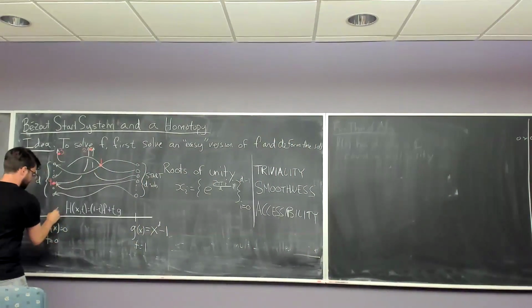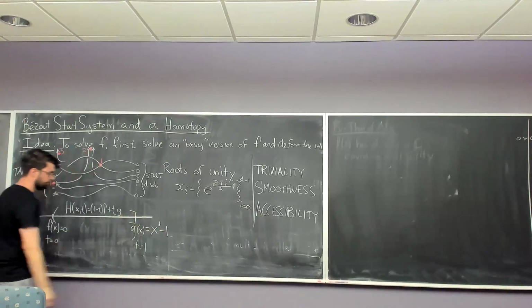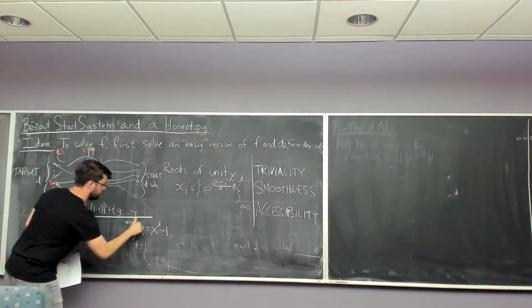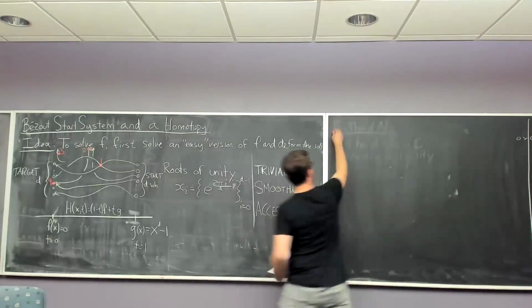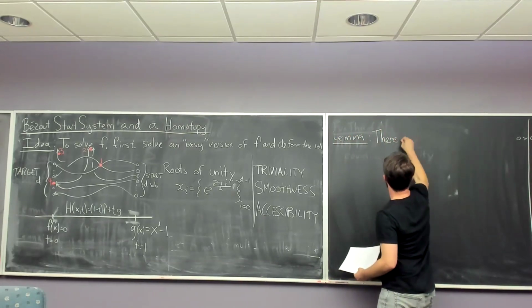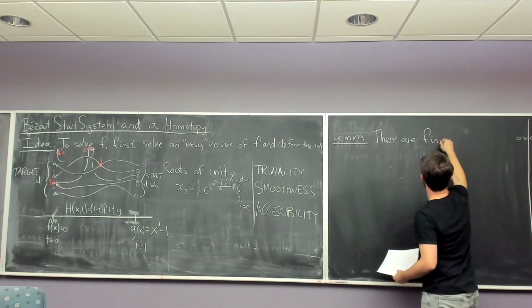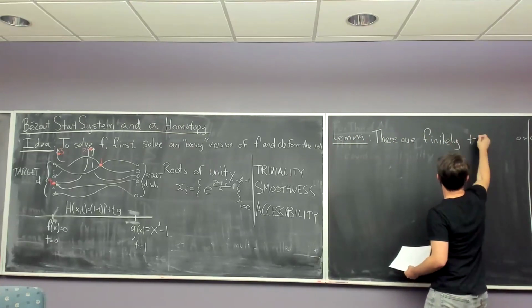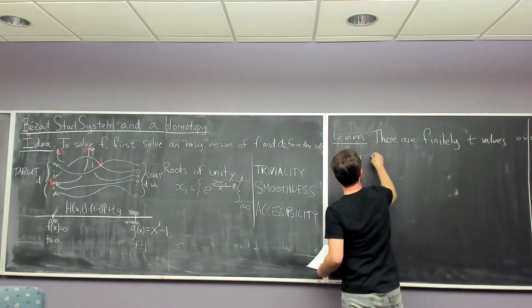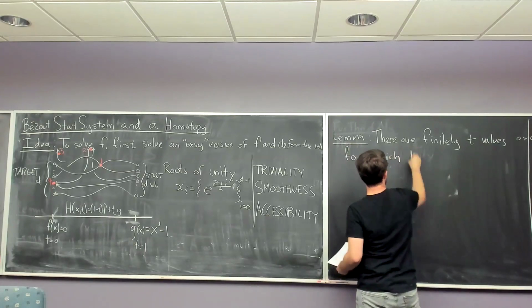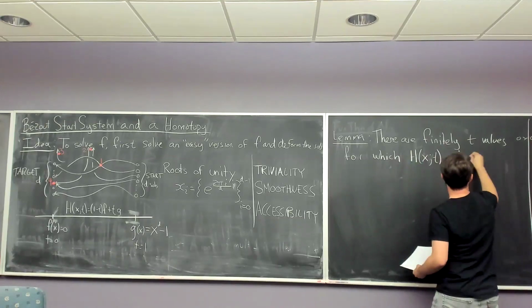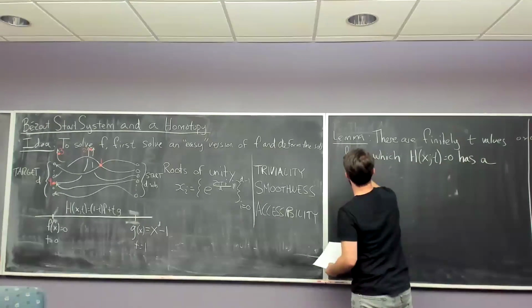Lemma: there are finitely many t-values for which the system has a multiple root.